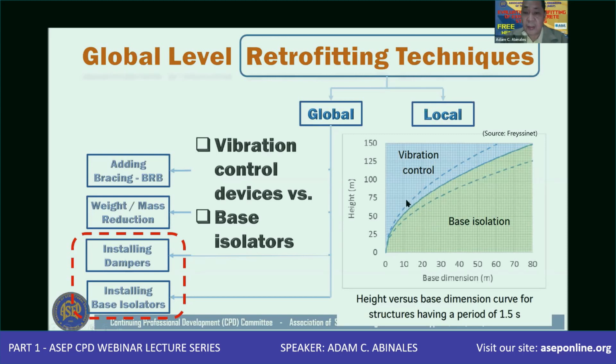For a building height beyond this point, you can use vibration control devices. That's why in tall buildings, in high-rise buildings, vibration control devices are very common rather than base isolation. So this is the height versus base dimension curve for structures having a period of 1.5 seconds.